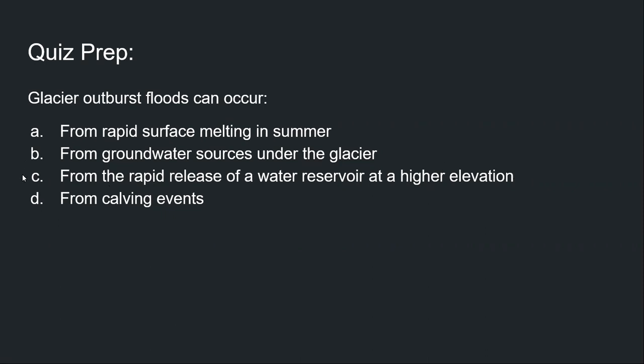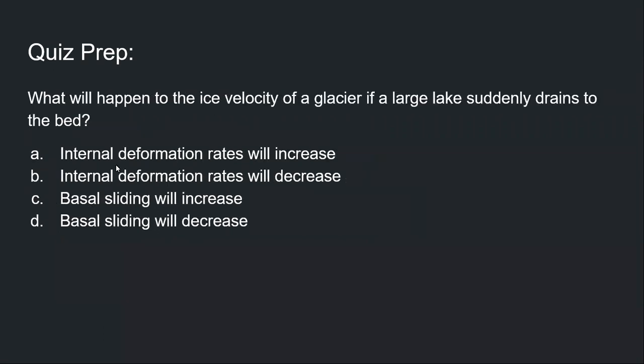But the correct answer here is outburst floods are due to rapid release of water reservoir. Groundwater sources under the glacier, I don't think that has ever happened, because usually groundwater sources are a bit more steady in time, so the water would just go by itself. Calving events just have nothing to do with outburst floods.